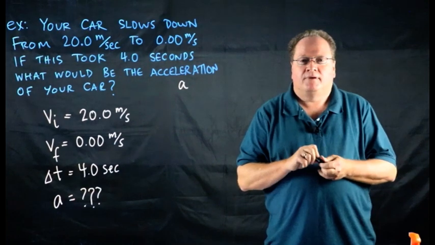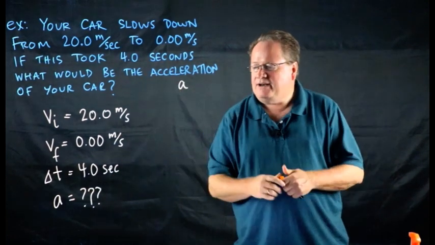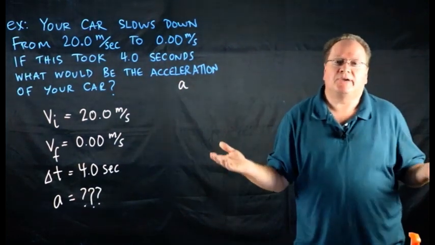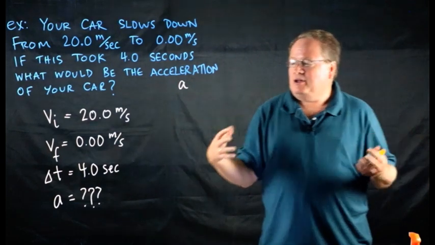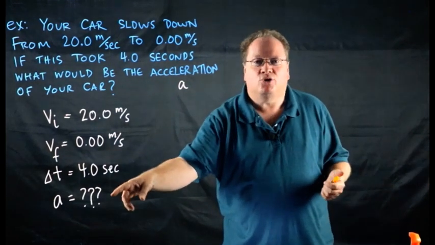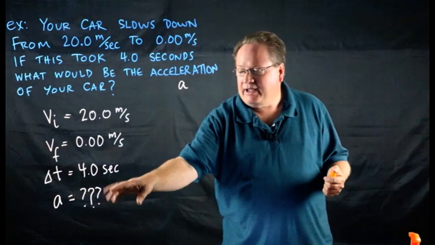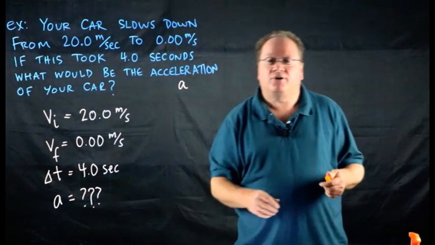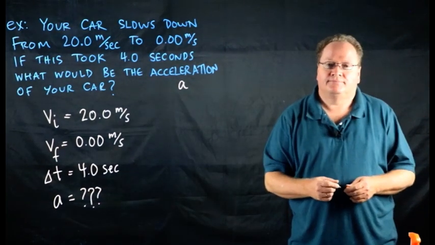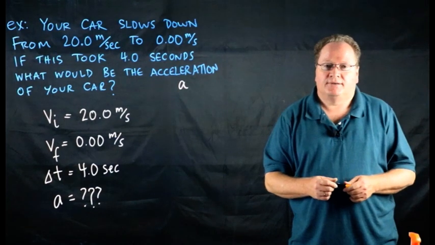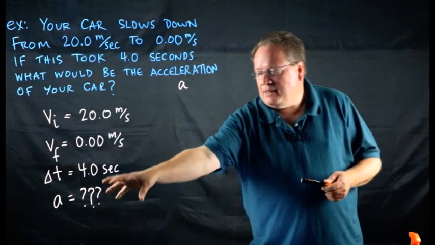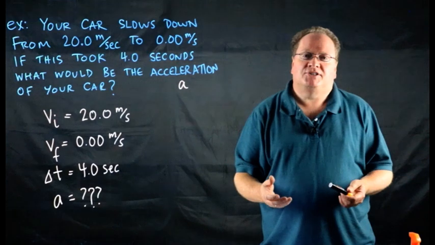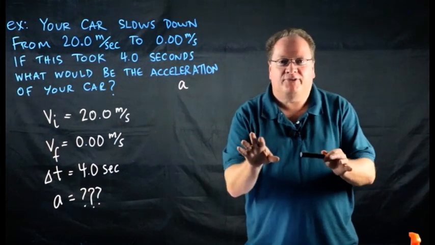Okay? So once I've identified what I know and what I don't, I just need to pick out a formula that will only have one thing that I don't know. In our case, I don't know acceleration, so I want a formula for acceleration. Lucky for you, you only have a few formulas right now.